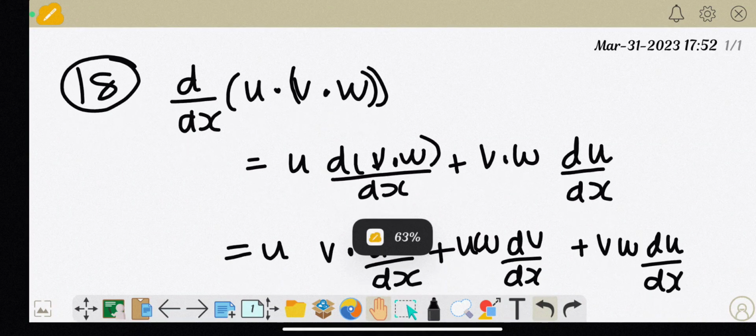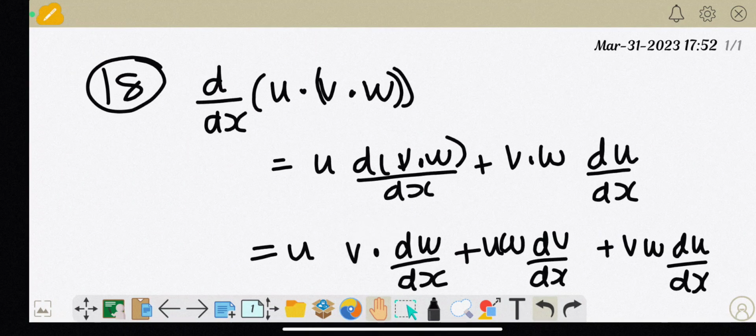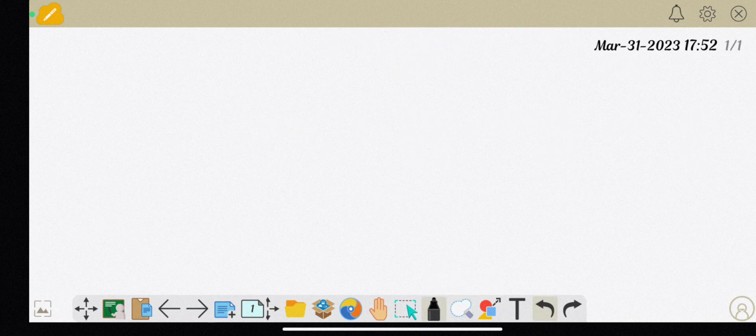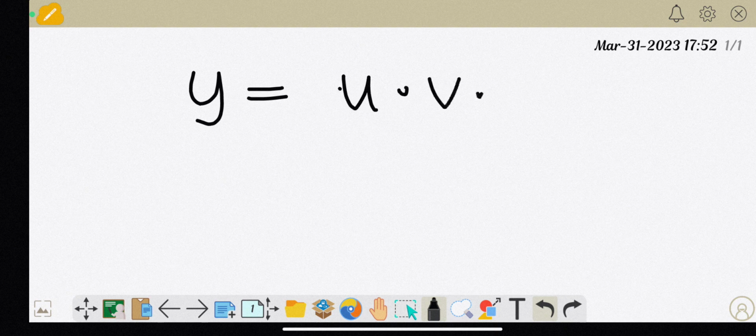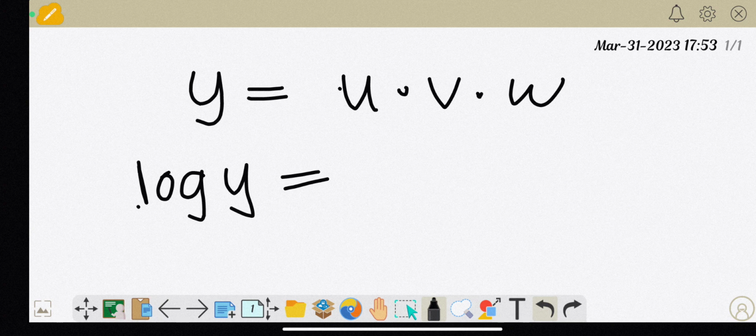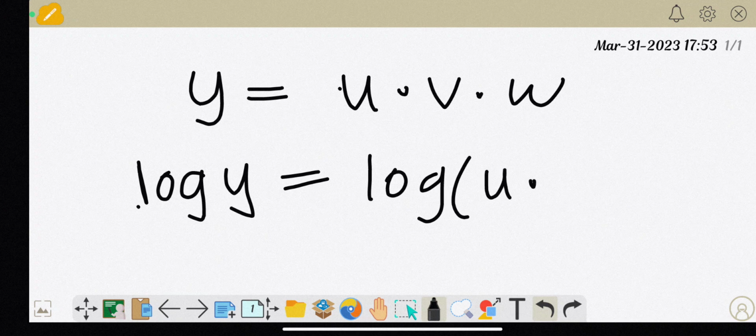Okay, so there is another way. What is the other way? You can do like this. Consider y is equal to u into v into w. Next step, apply log on both sides. Log y is equal to log of u into v into w.